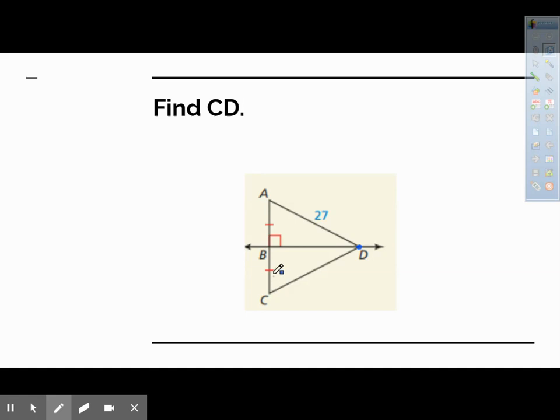Yeah, because AB and BC are congruent, and also there's a right angle. Perfect. These two are marked congruent, and there's a right angle, so this is the perpendicular bisector. So now I can find CD. Maddie, what would be the length of CD? Perfect. Since D's on the perpendicular bisector, these two segments would be congruent. Therefore, CD would be 27.